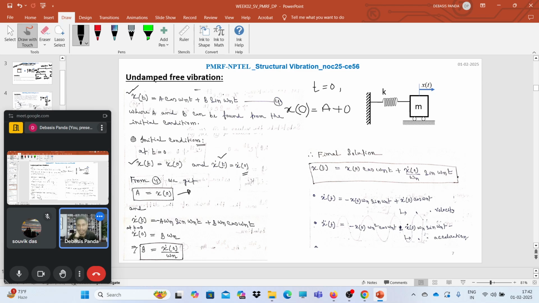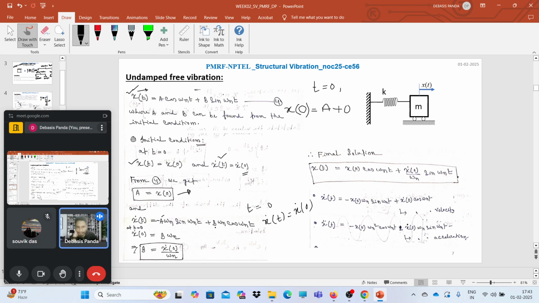Now again differentiate this equation with respect to t. We will get x dot is equal to minus a omega n sin omega n t plus b omega n cos omega n t. Now at t equals 0, impose the second initial condition. At t equals 0, we know that x dot of 0, that means the velocity, is x dot naught.